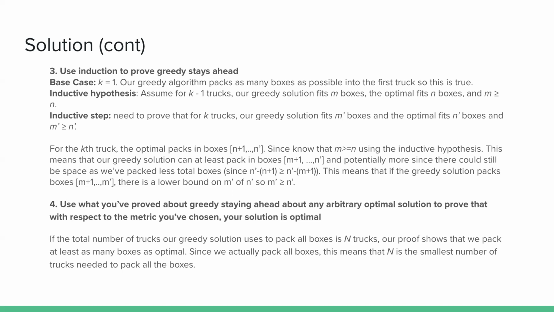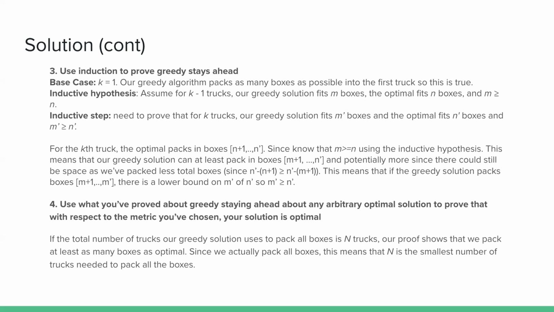Like I said before, using the greater than or equal to inequality as part of our greedy stays ahead metric is really useful once we get to the inductive step, because we know that for k minus 1, m is greater than or equal to n. So adding one more truck onto it, we can use the inductive step to help us there.